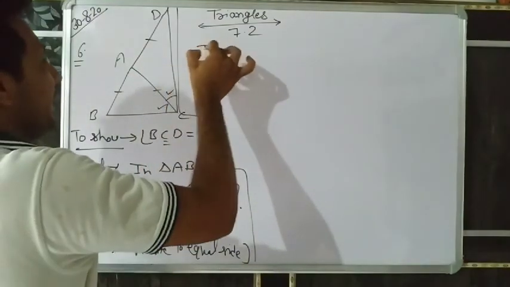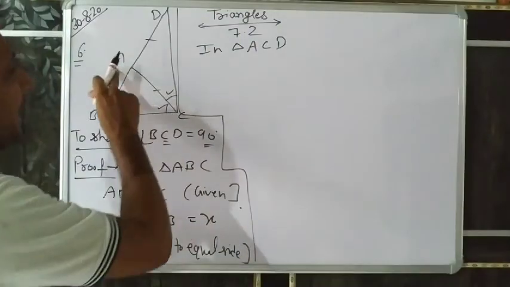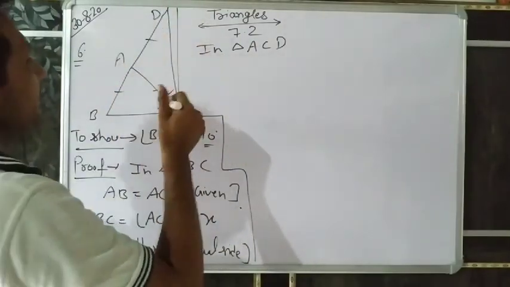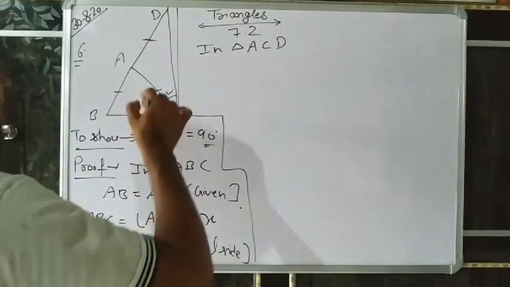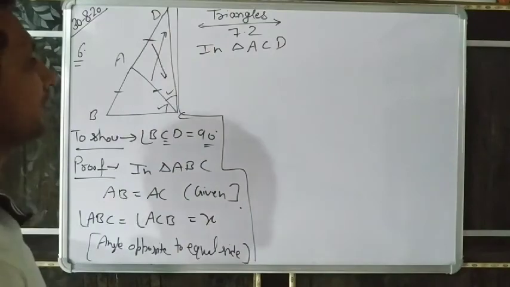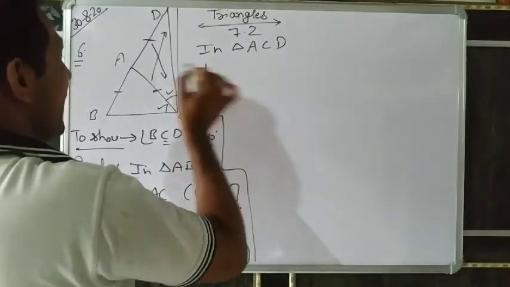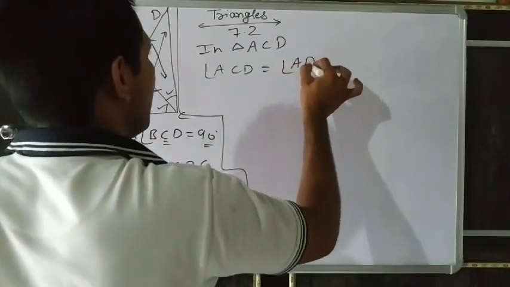So write, in triangle ACD, this side equals this one. And if two sides are equal, the opposite angle of this side and the opposite angle of this side are both equal. So you can write angle ACD equals angle ADC.